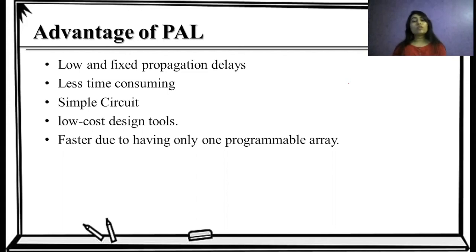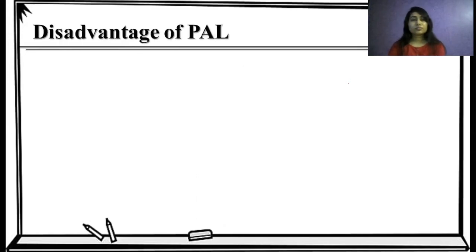That means we have only one programmable array circuit, which is using the AND gate. In PLA we have two programmable structures, meaning we can program both the AND gate and the OR gate, but here we can only program the AND gate. So this PAL is faster because of this one programmable array.